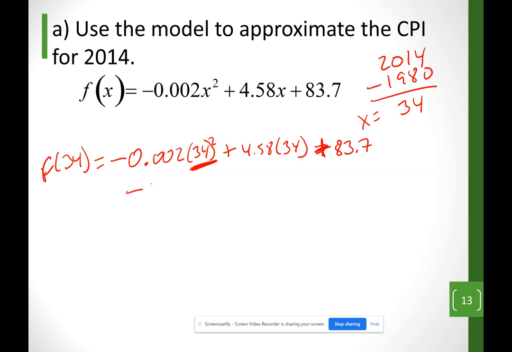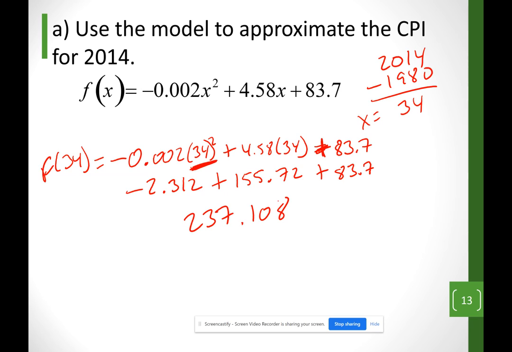That is negative 2.312, plus 4.58 times 34, which gives me 155.72, plus 83.7, and it gives me 237.108.